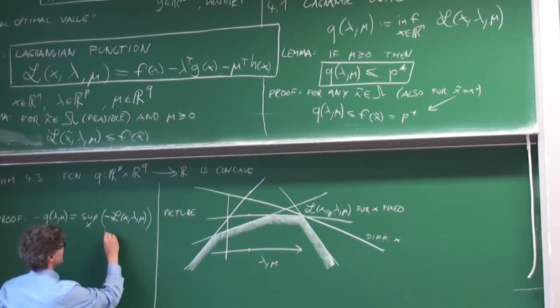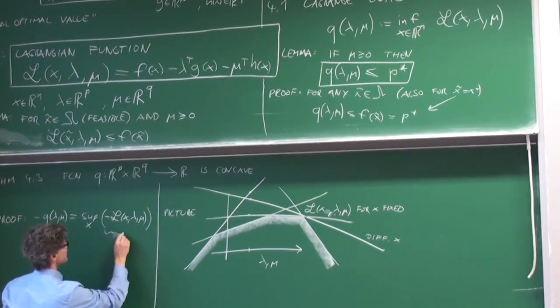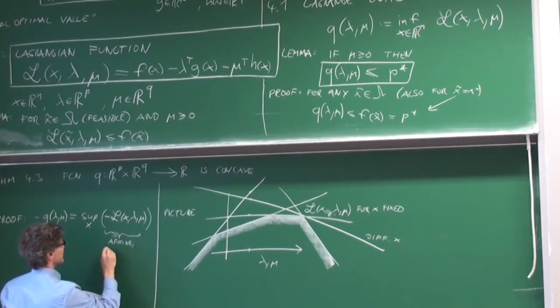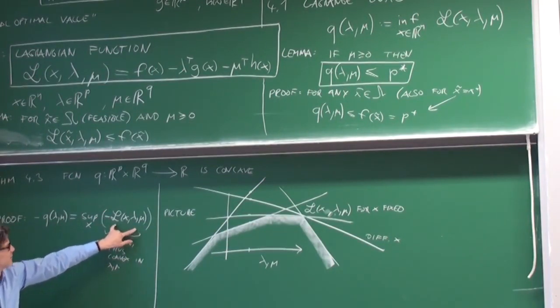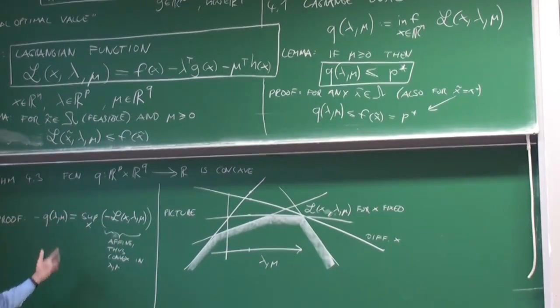If we take over all possible x's the supremum of this, these are actually affine functions, and affine means convex, in lambda and mu. So you have convex functions in lambda and mu. You take the supremum of convex functions, and the sup of convex is convex.